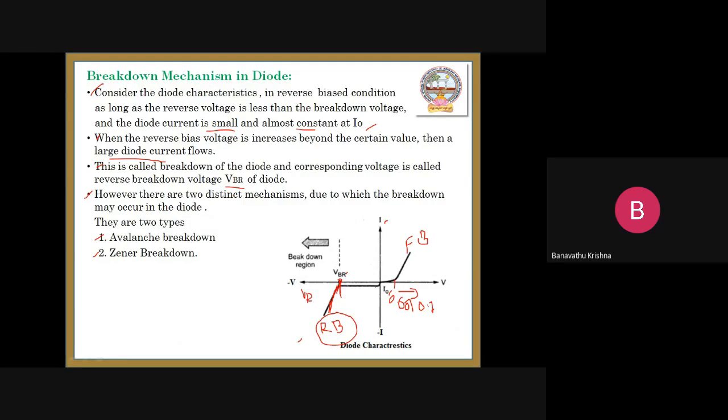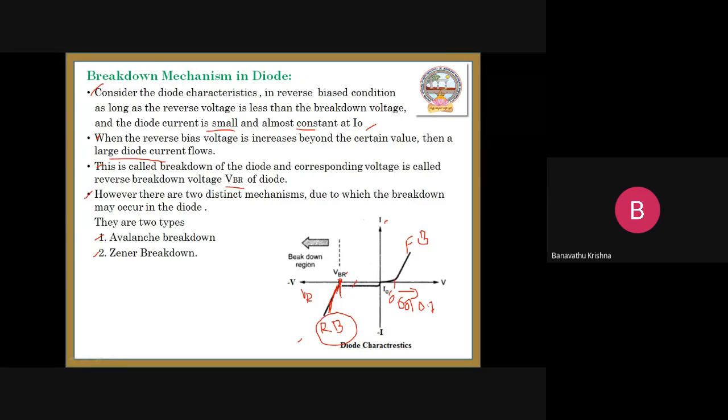So it is a very small reverse bias current. But when the input reverse voltage exceeds this level, the current suddenly increases, because the minority charge carriers are increasing suddenly. So this current is due to the minority charge carrier current.